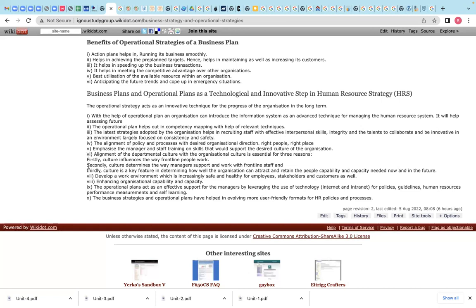Basically, it can help you place the right people at the right place so that the organization goes in the right direction. And the fifth point, emphasize manager and staff training.